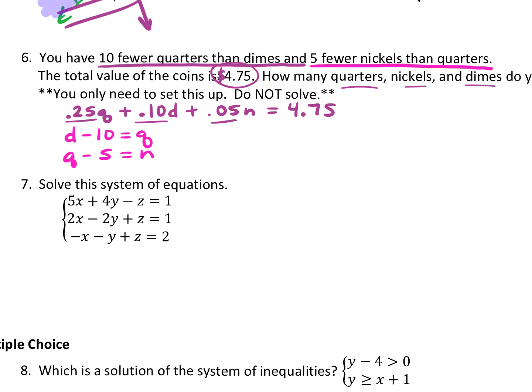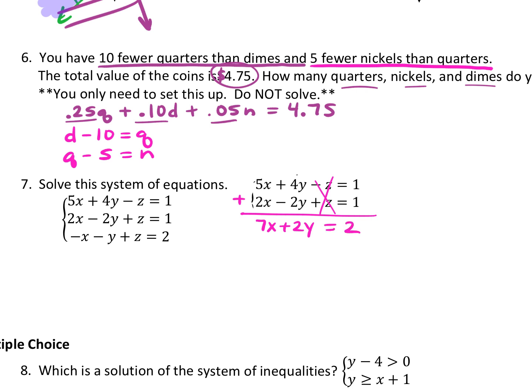I'm just going to copy these top 2, and I'm going to eliminate z. So we can add these together. 5x plus 2x is 7x. 4y plus a negative 2y is a positive 2y. This is 0 equals 2. Okay, so that's going to eliminate that.